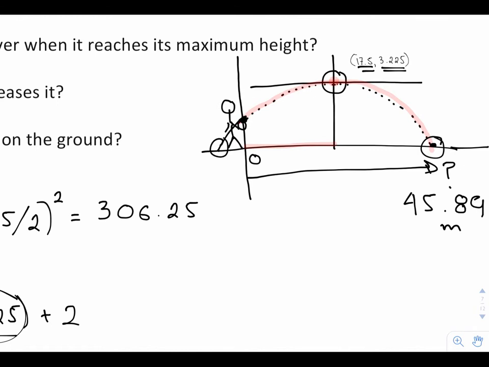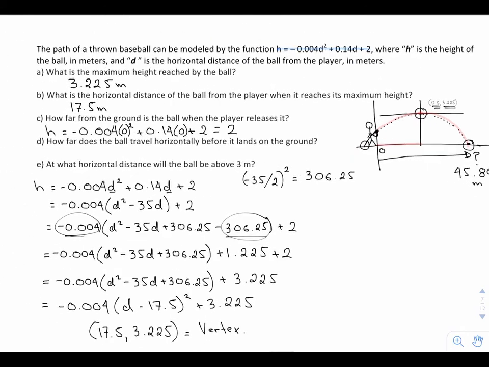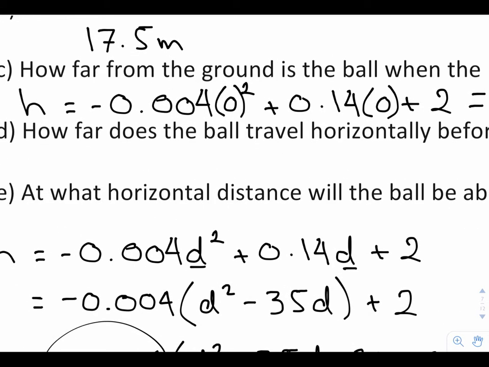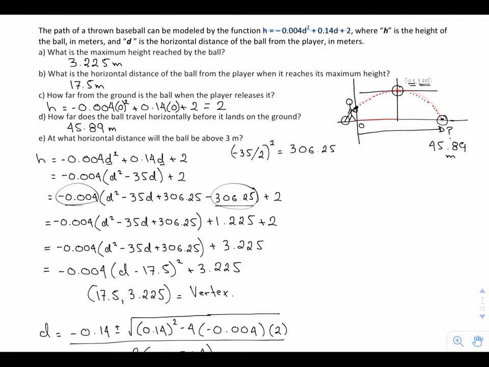In other words, if the ball were continuing in the other direction, it would land at negative 10.89 meters behind the player. Okay, so I can write that in for the answer to part D, 45.89 meters.